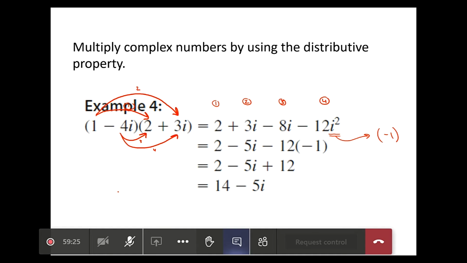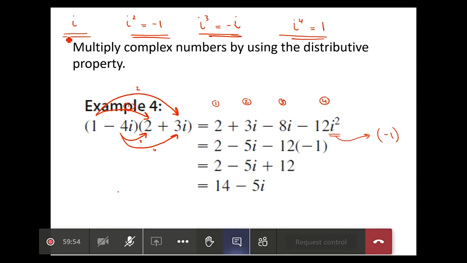This equals negative 1. But i squared equals negative 1, i to the power 3 equals negative i, i to the power 4 equals 1. This is very important.